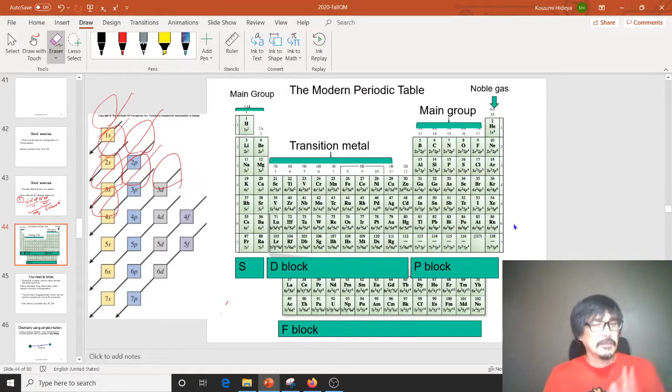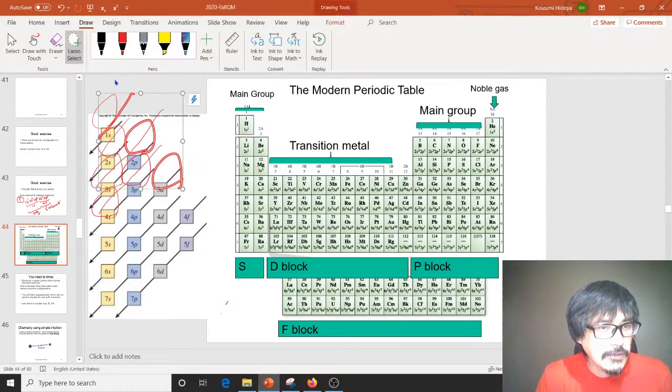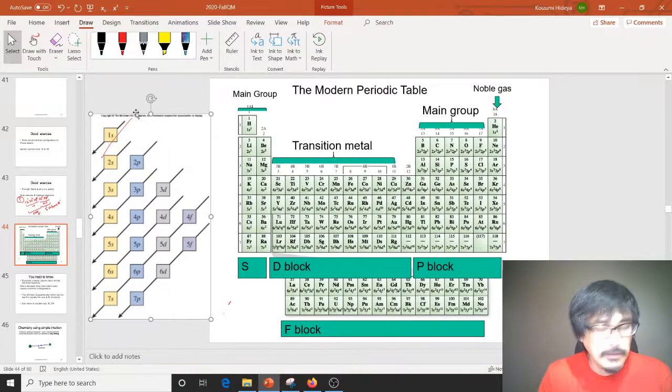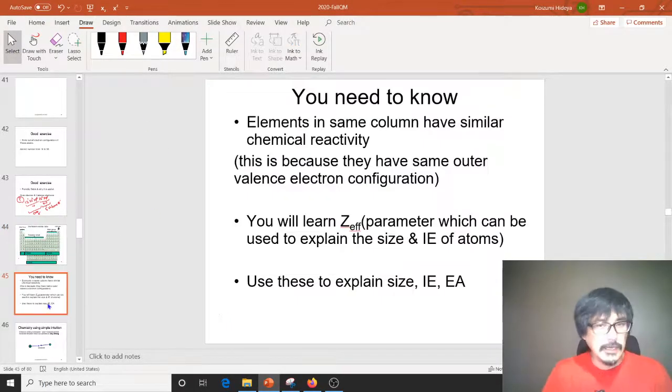So this F block right here is sort of coming out of this periodic table in a 3D fashion. That's pretty much what's going on. But I hope you did realize that this Aufbau principle and the periodic table are pretty much the same thing. Alright, so that's that.